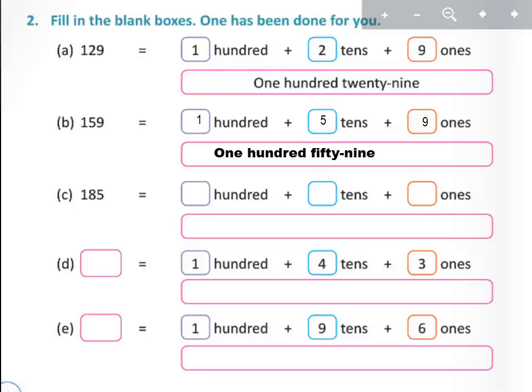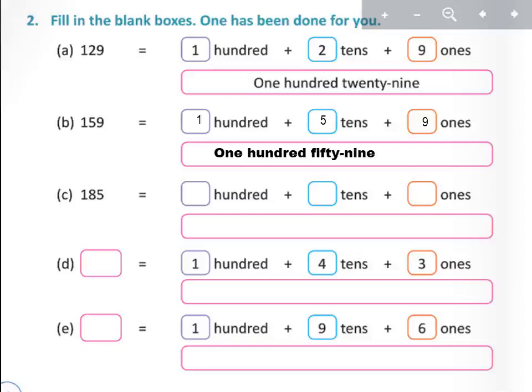43 will be forty-three. Then just add 100 to it. So 143. Please remember the spelling of 40: F-O-R-T-Y, not F-O-U-R-T-Y. Many are making mistakes in this.